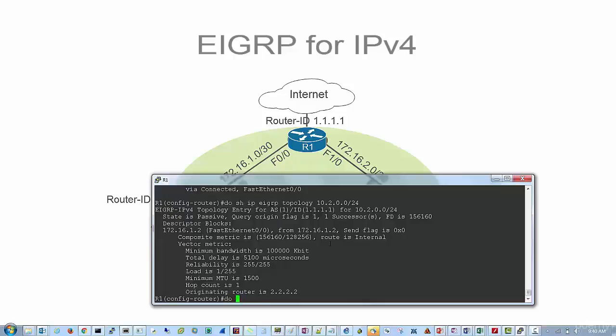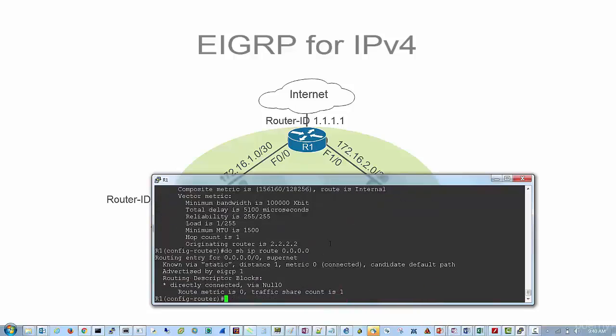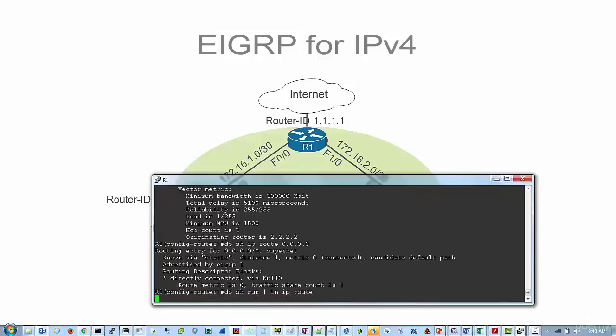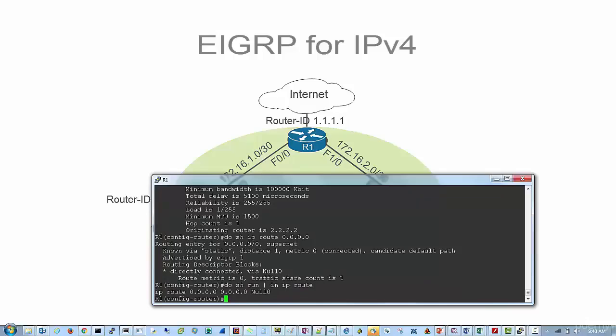So back in R1 here, the best way to advertise the default route with EIGRP is by redistributing a static route for the default route. Right now, if I look at my running configuration to see what static routes I have, this static default route is configured.